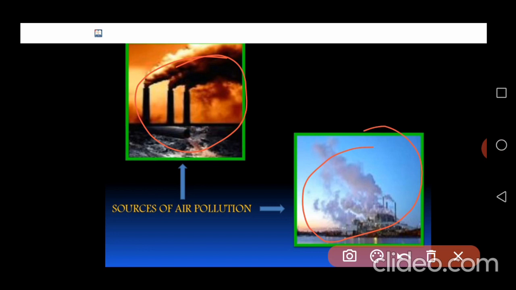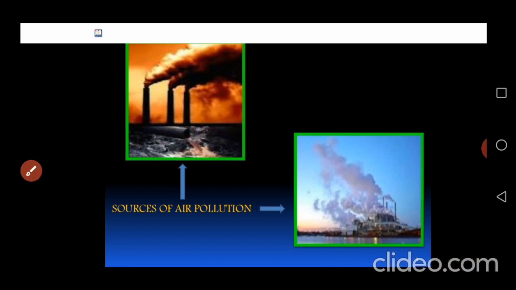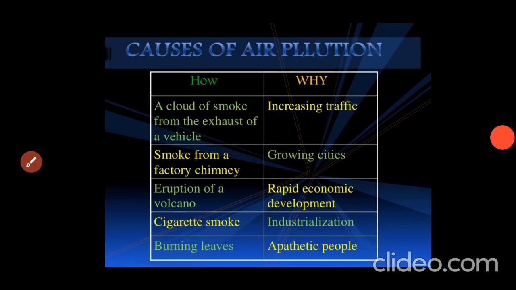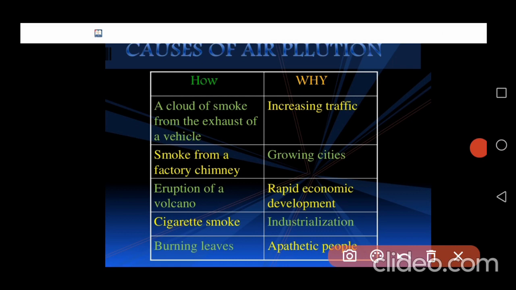While manufacturing the products, all industries release very dangerous smoke into the atmosphere through chimneys. Finally, air pollution takes place. Smoke from a factory chimney is because of growing cities and population.